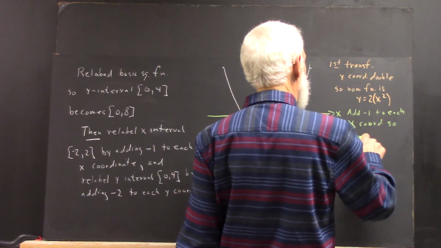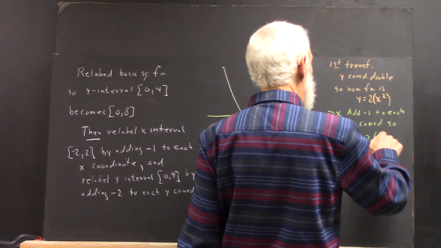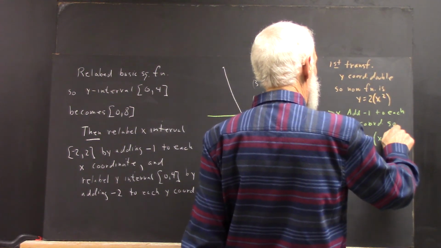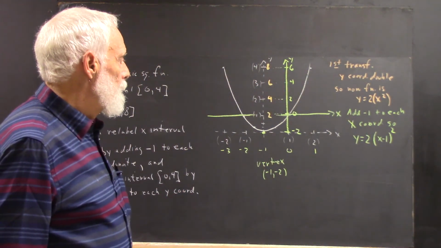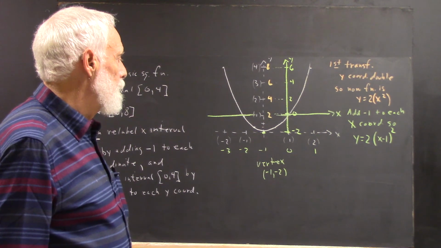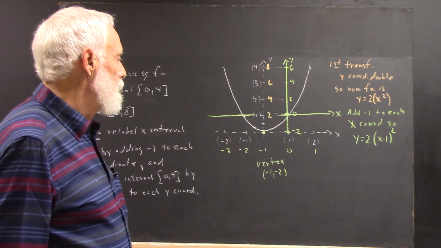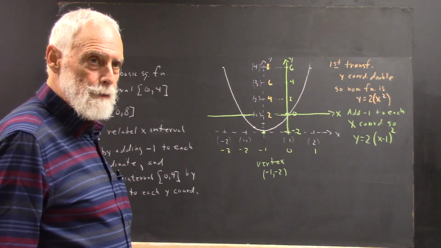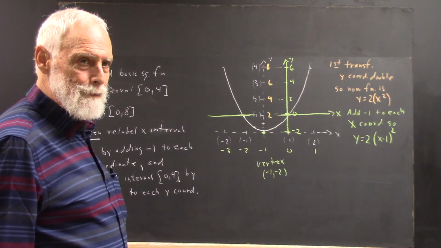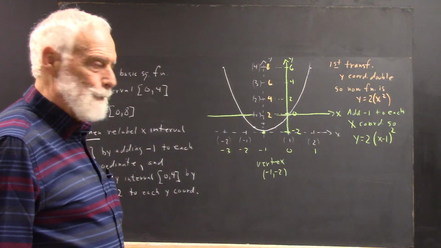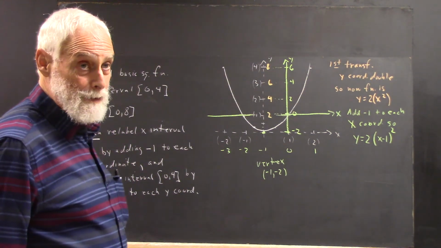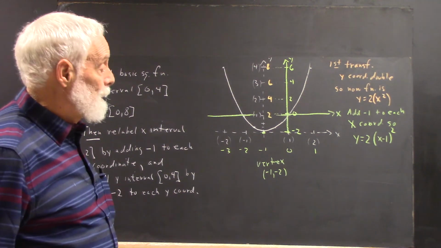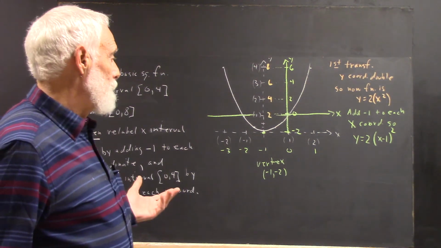So y equals 2 times x minus 1 squared. That's not right, because that's not going to work. So think about it.